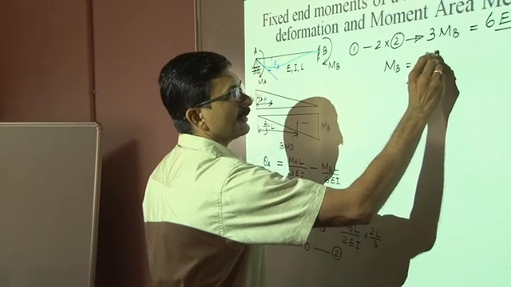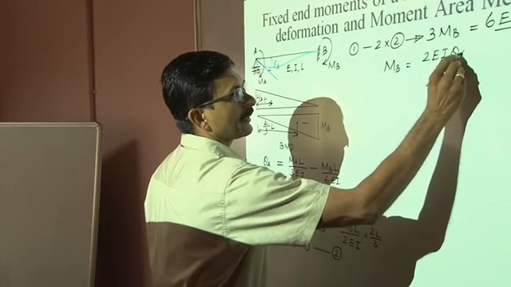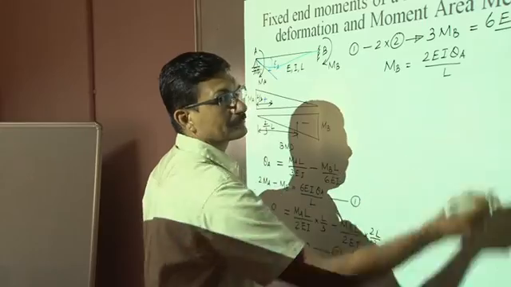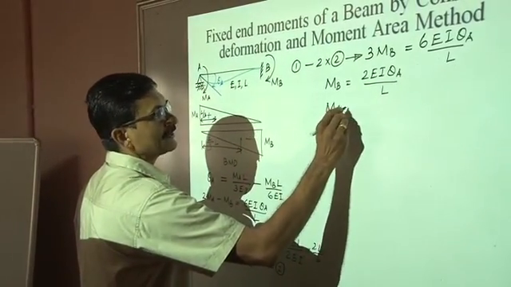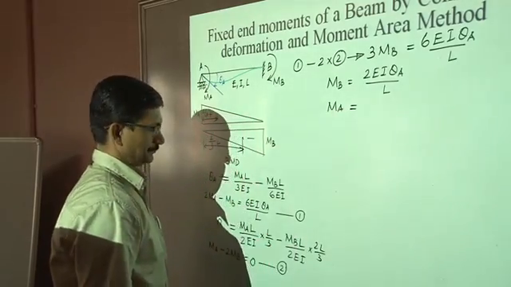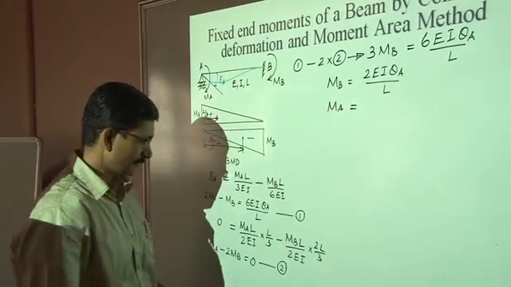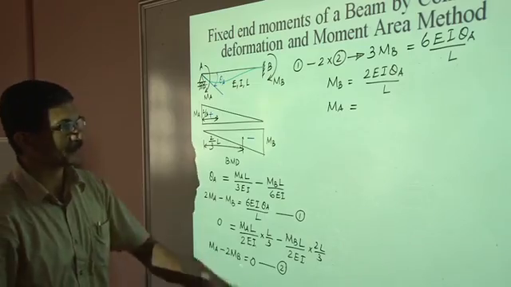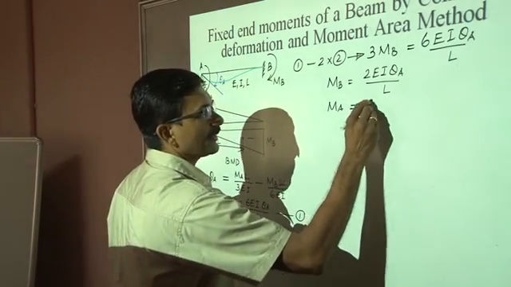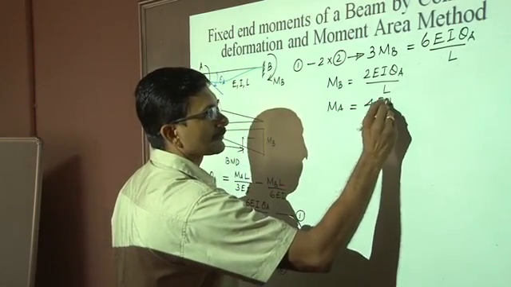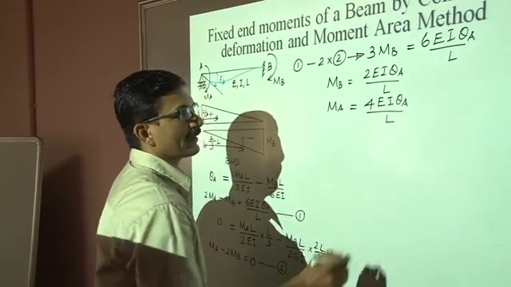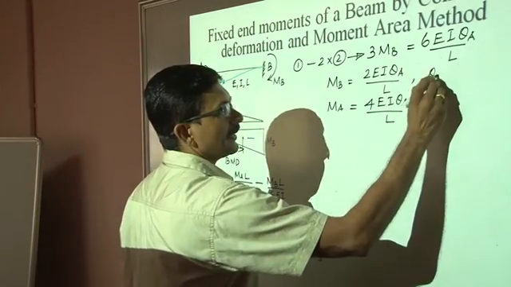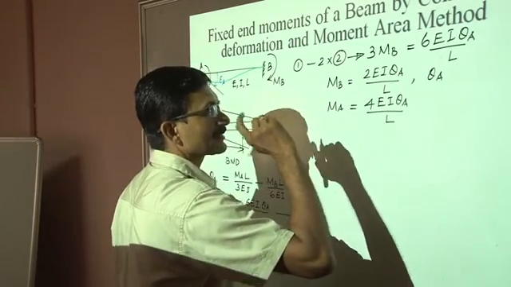2EI theta A divided by L, and MA in terms of theta A is equal to, using this equation, MA is equal to 2 times MB, that is 4EI theta A divided by L. We can also write the slope theta A in terms of the moment.